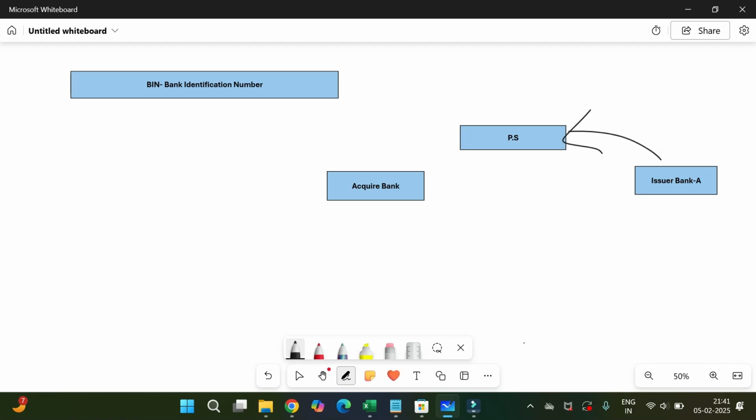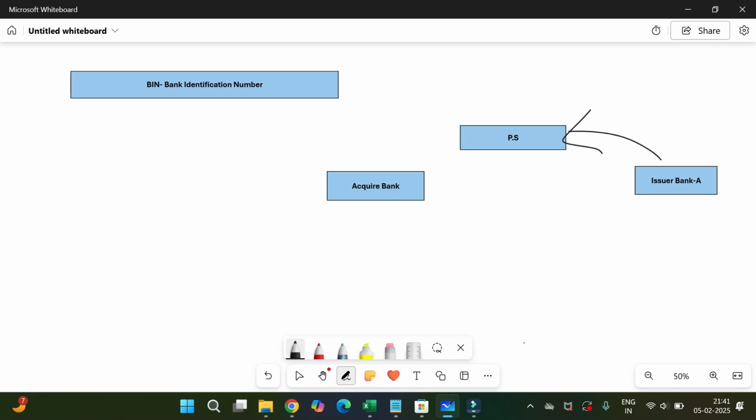After all the agreements between the payment scheme and the issuer bank, the issuer bank will get the BIN from the payment scheme.